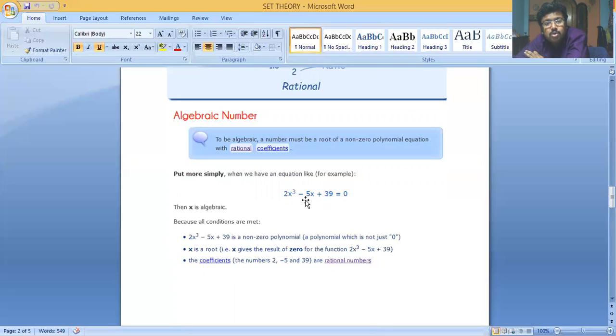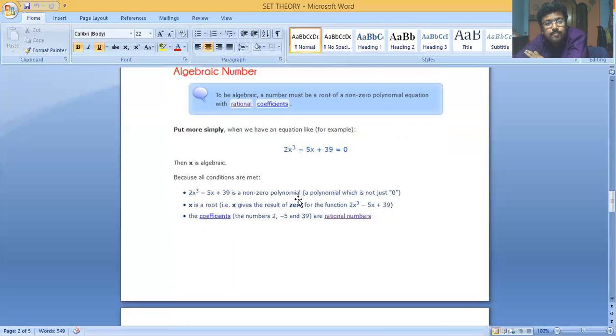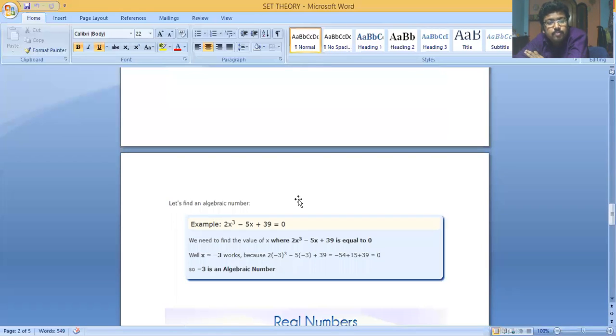So the condition that a number must be a root of a non-zero polynomial equation with rational coefficients is satisfied in this equation. So x is an algebraic number.